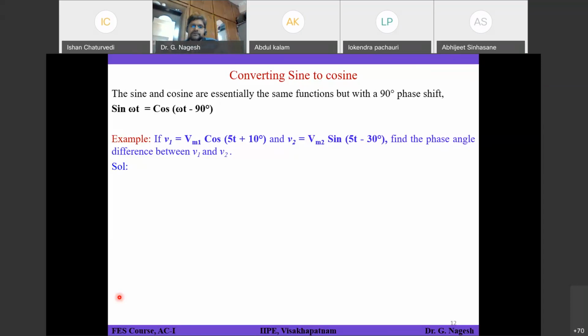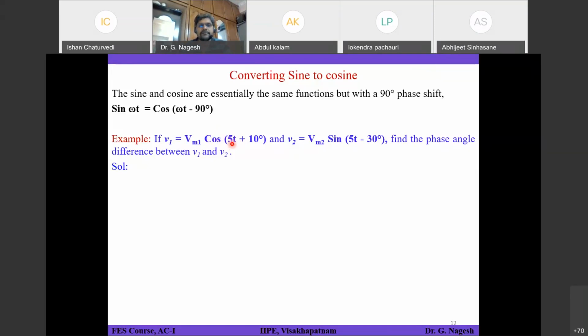Okay, straight away you have told. First of all, to find the phase angle difference, the three conditions I have told, you have to check whether they are satisfied or not. If you see V1 and V2, considering Vm1 and Vm2 are positive values, the amplitudes are positive. That is fine. Next is whether the frequency is the same or not. You have to see what the frequency is here.